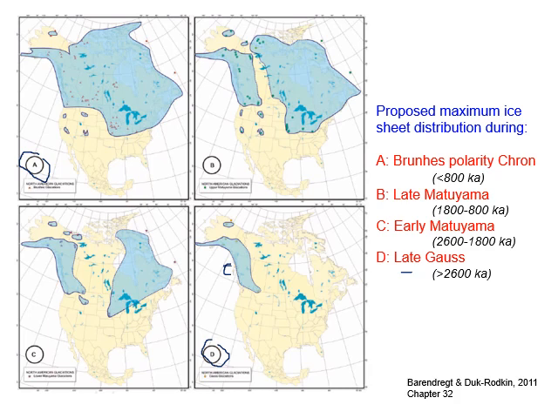And then with the last periods of the ice ages in the Brunhes polarity chron, so now we're younger than 800,000 years, the ice sheets extended over almost the entire northern part of the North American continent.